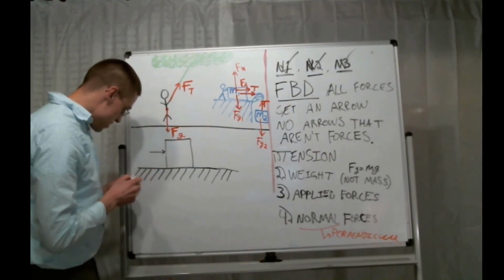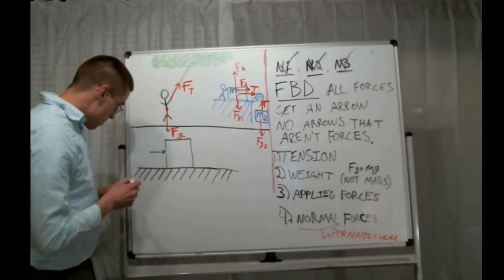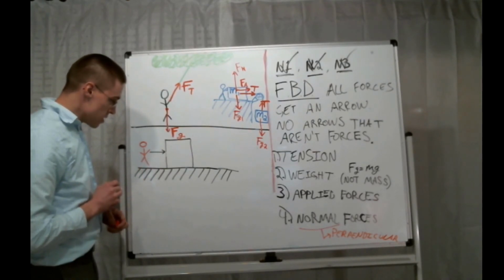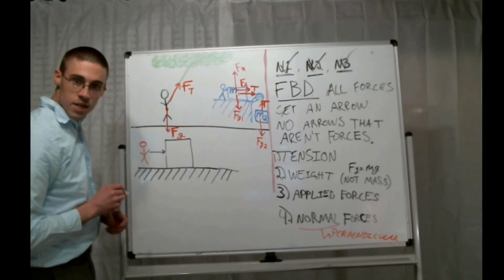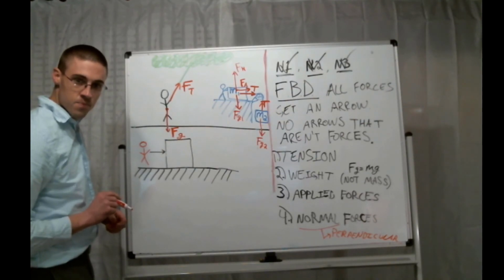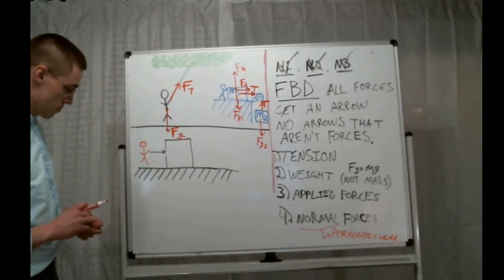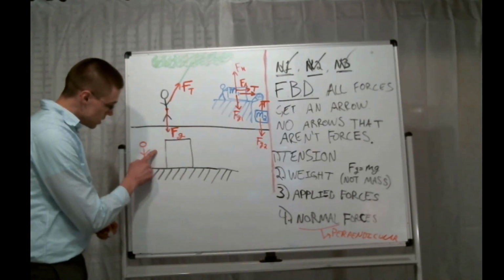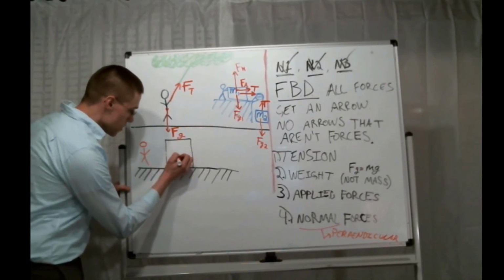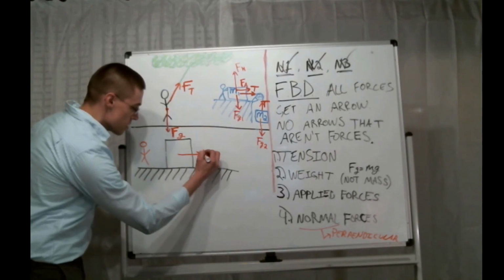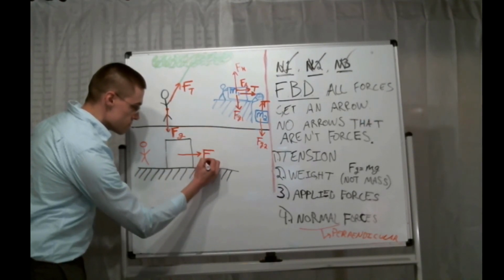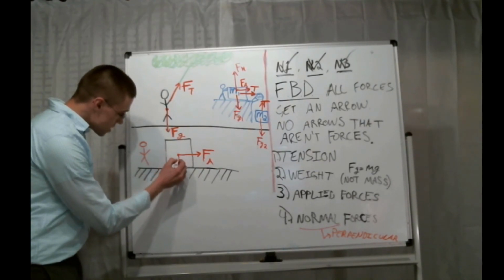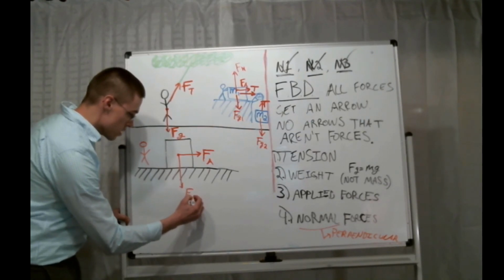Okay, now what about this one here? If I have a person pushing against this box, what would the free body diagram look like? Pause the video, try it out yourself. Okay, so there's an applied force that's pushing on the box in this direction, force applied, and there's weight, the box has weight, so there's a gravitational force pushing down.